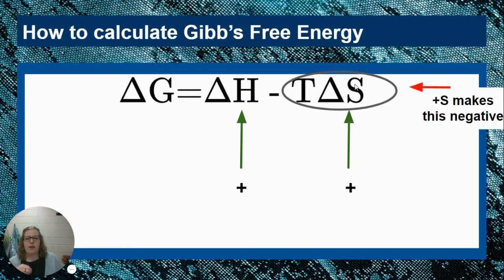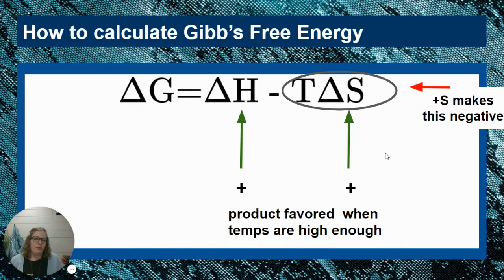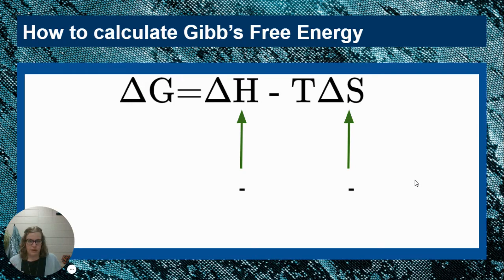So when I have a positive entropy value, this whole term here becomes a negative, I'm subtracting it, then it's going to be product favored when the temperature is high enough. So if this half of our reaction is negative enough because the temp is high enough, I can get a product favored reaction.